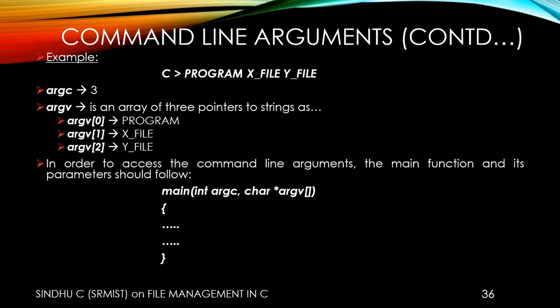Inside the program you have main with two parameters, int argc, and char pointer variable, an array variable argv. Only if you have these arguments for your main function will you be able to access the command line program xfile yfile. So this is how you access command line arguments using your main function arguments.